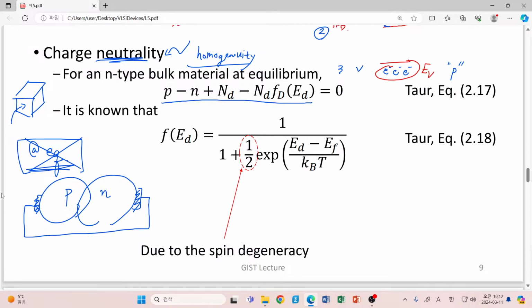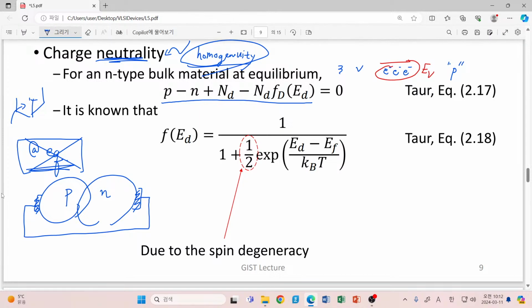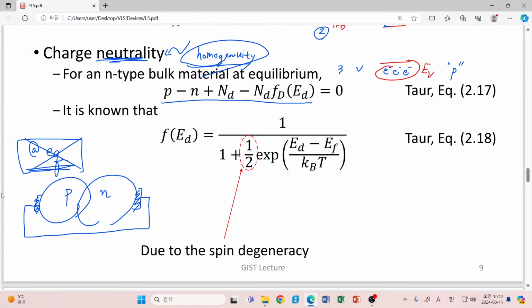When you have such a thing, there will be a certain reaction to neutralize it. So if our system is homogeneous, then it is not allowed to have such a charge imbalance.